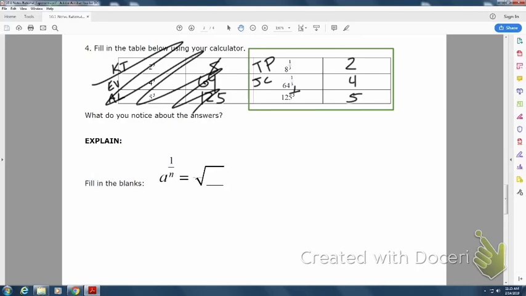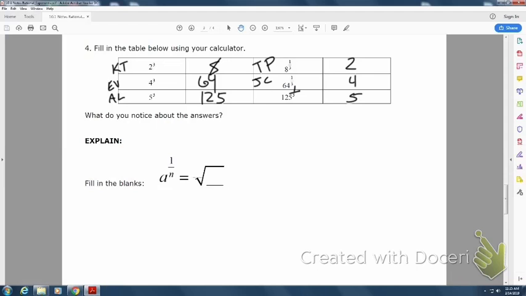If raising something to the power of 1/2 is the same as square rooting it, raising something to the power of 1/3 is going to be the same as cube rooting it. Cube rooting the base.